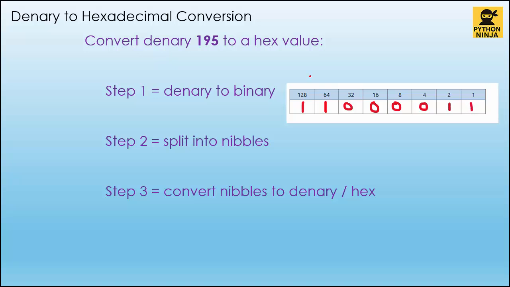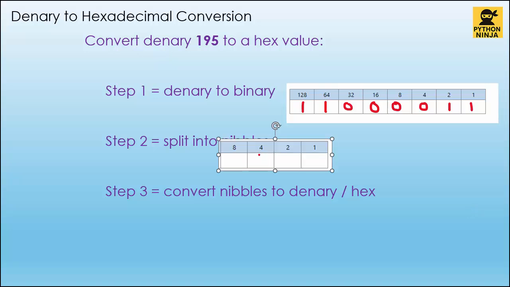Now, the common sense test is it's an odd number, 195, so it has to have a 1 here. So 128 plus 64 is 192, 194, 195. Good. So now we need to split into nibbles.